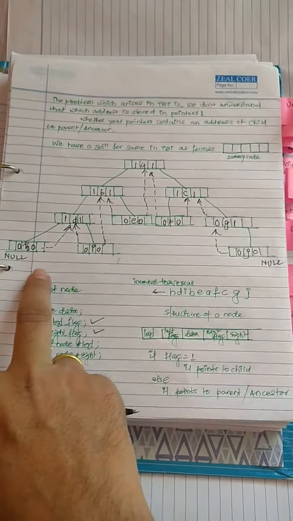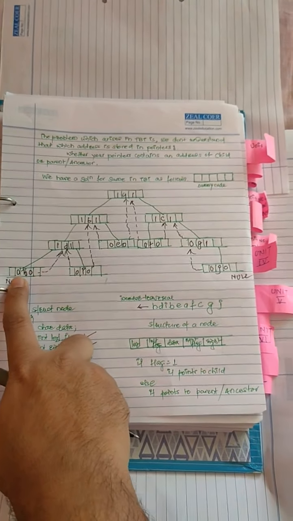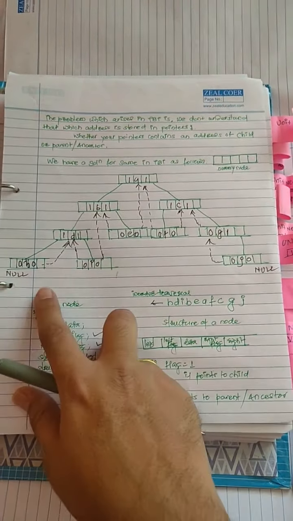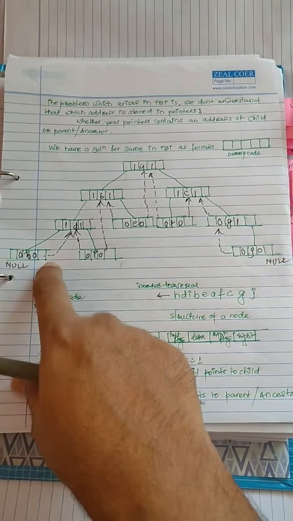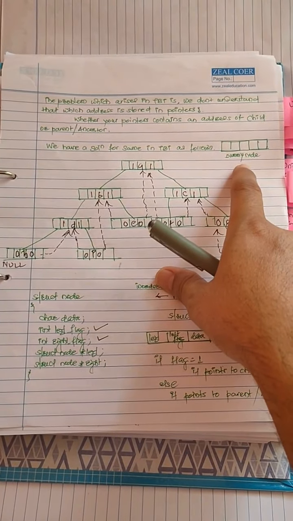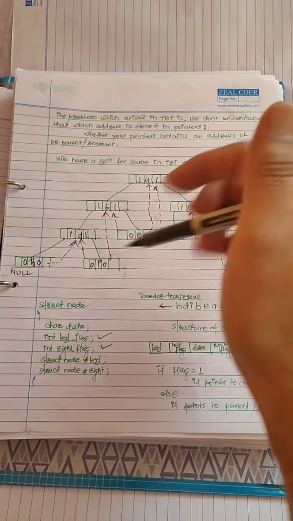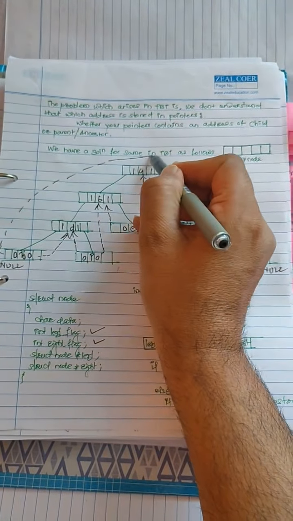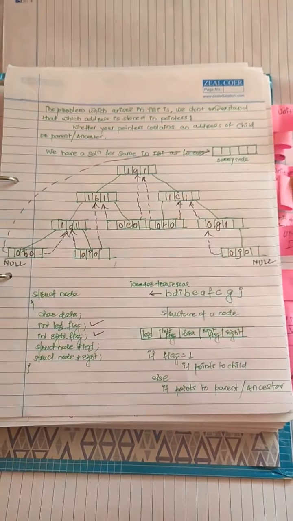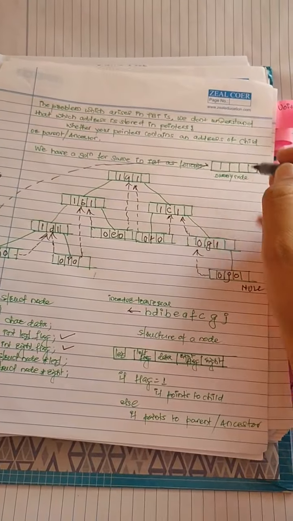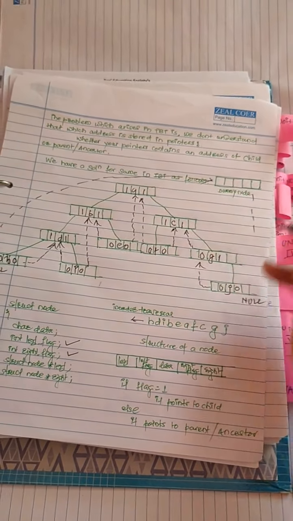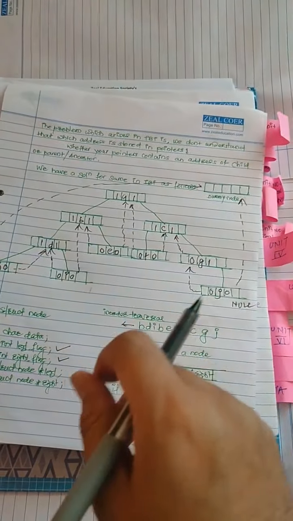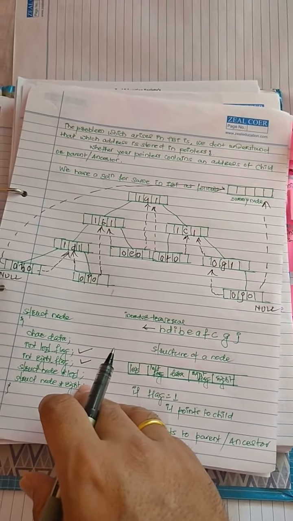As we have discussed, the remaining parts are the leftmost pointer, that is the left pointer of H, and the right pointer of J. Now the left pointer of H and the right pointer of J are going to point to the dummy node, which I have already created in my threaded binary tree. So they'll point to this dummy node of mine. Okay, now they have pointed to the dummy node of mine.